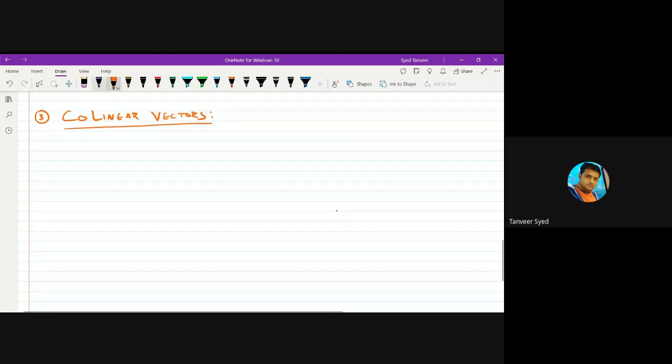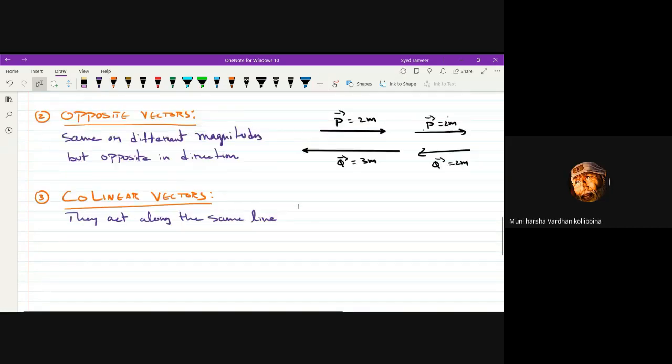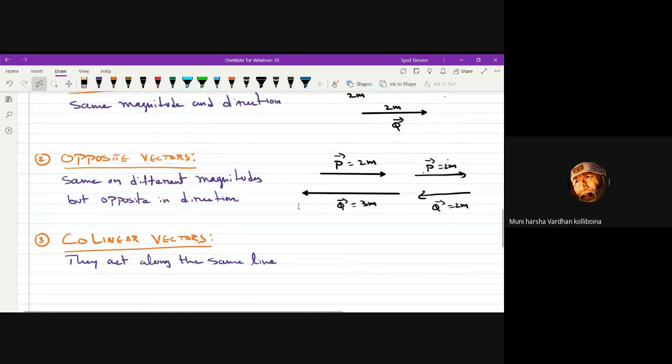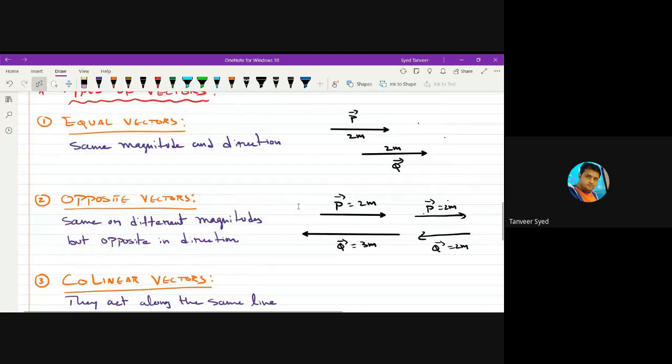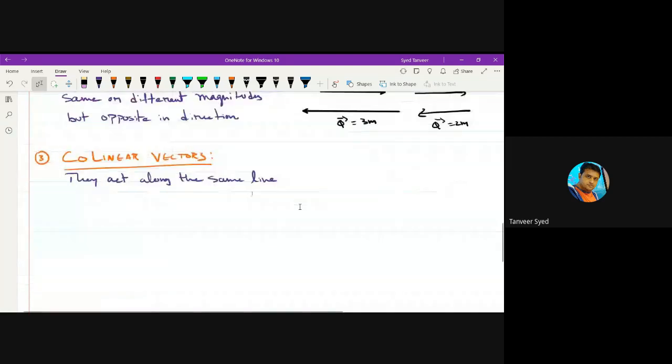Collinear vectors. We say that vectors are collinear if they act. Sir, I had one doubt, sir. If magnitude is different, direction same, sir, they are unequal vectors. Okay, I will write that first here.